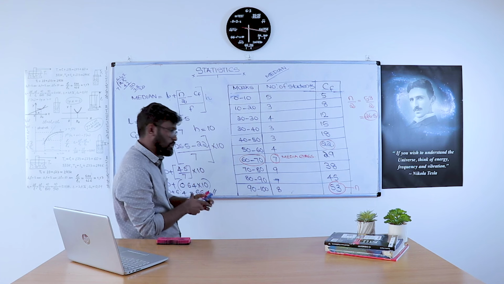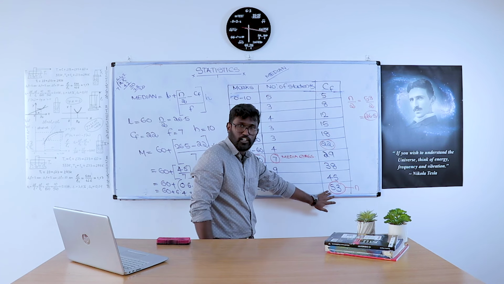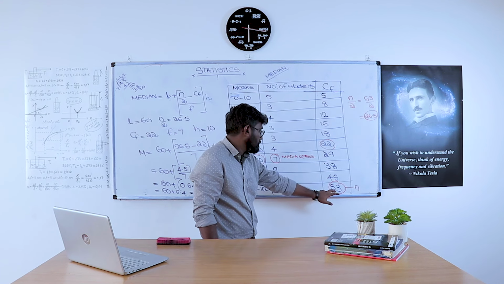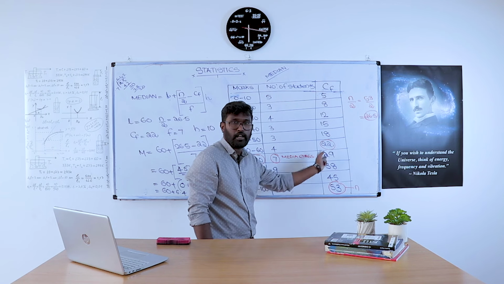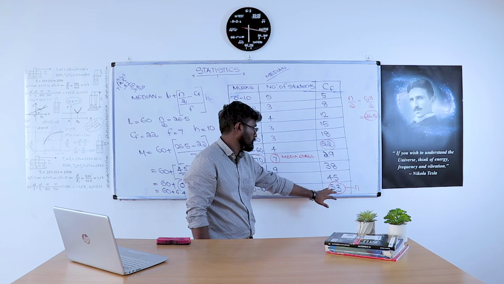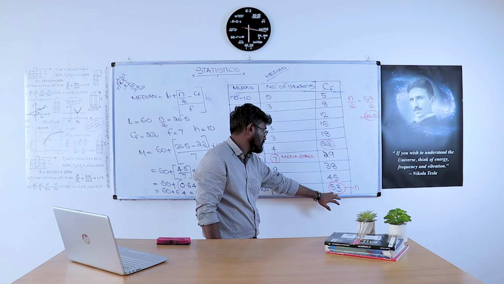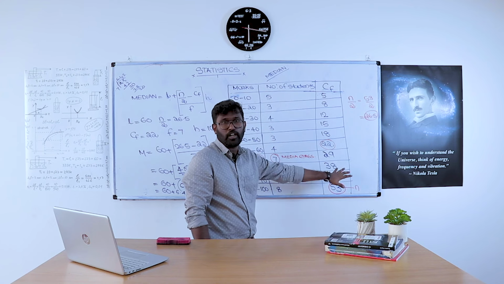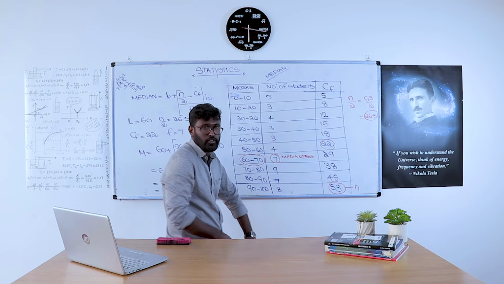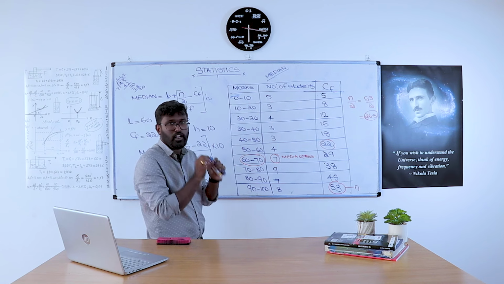To find the median class, check the final value of the cumulative frequency and divide by 2. If it is an even number, such as 54, then use n plus 1 by 2. So this is the way to find the median.